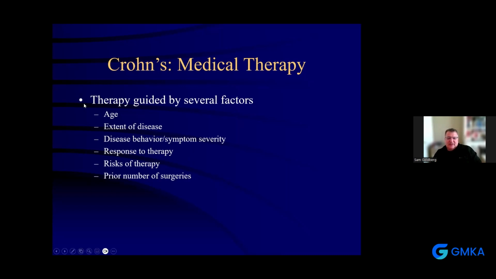And then the other thing about how we do medical therapy is I'm always interested in the prior number of surgeries that the patients had and how far apart those surgeries have been spaced. So somebody who comes to see me, let's say who's 65, they've had Crohn's disease for 45 years, and they're having their first surgery, and they've lost no intestine.